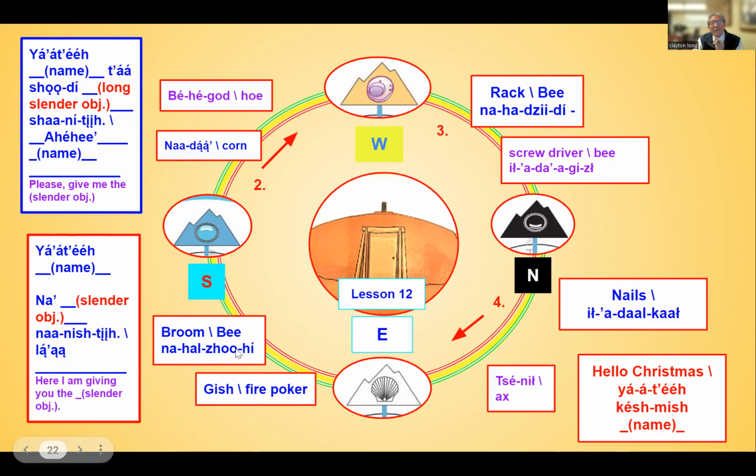It describes what it does. So that's the reason why these words I'm giving to you today are their description. If it's long, it has to do with what it does. What does a broom do? It sweeps. You sweep with it. So be nahal johe, the one that you sweep with.